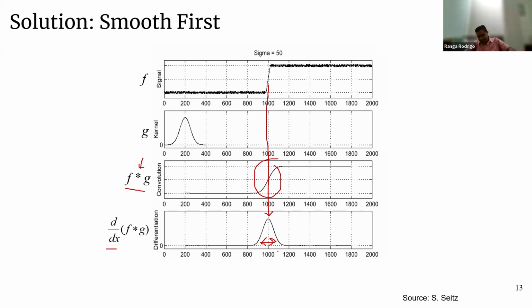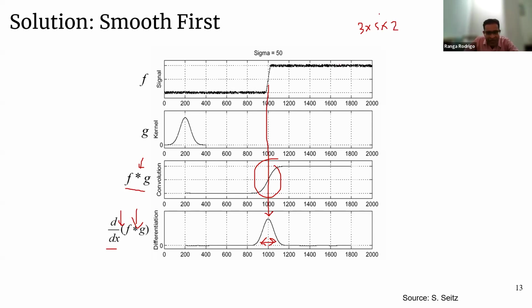There is a little bit of a problem, but this is what you have to do when you have a noisy image. But then we notice that these two operations, the d by dx and the Gaussian smoothing, are linear operators. So it's like 3 times 5 times 2 multiplication.